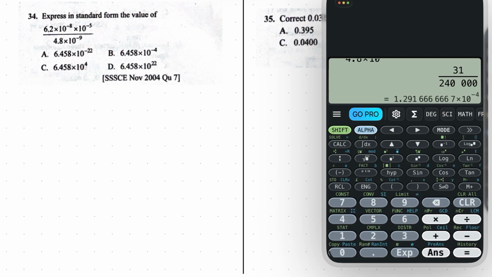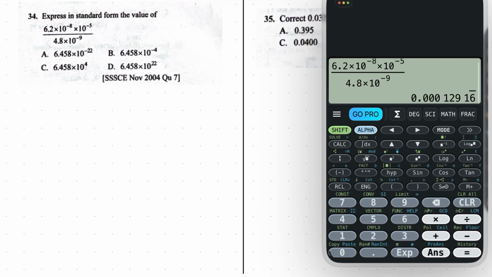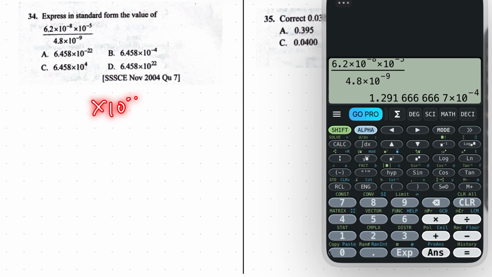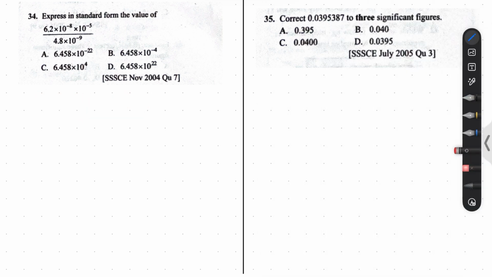Okay, there is a problem somewhere. Let's write the answer down first. It says 1.291 times 10 to the power negative 4.